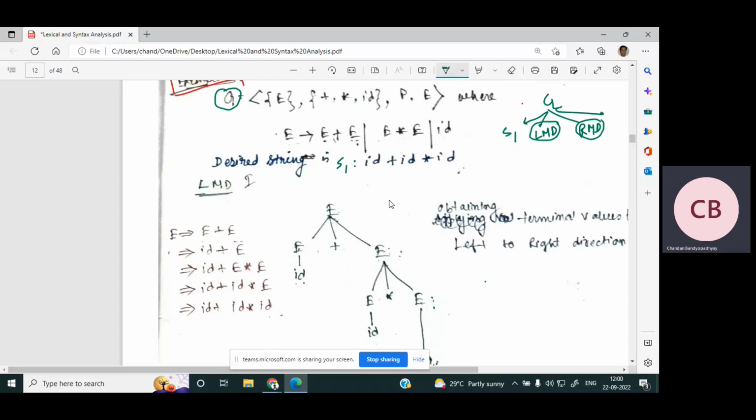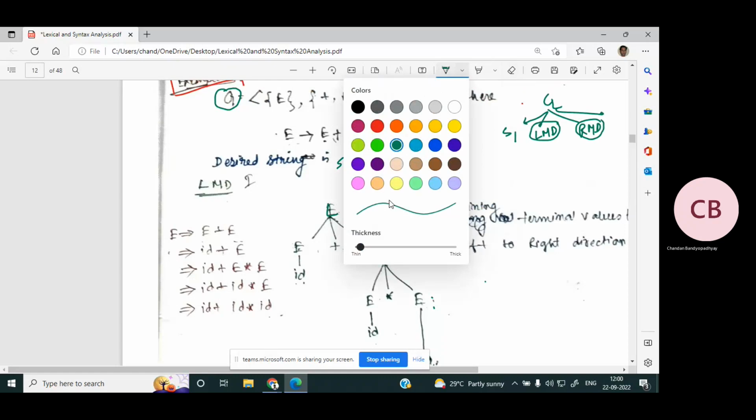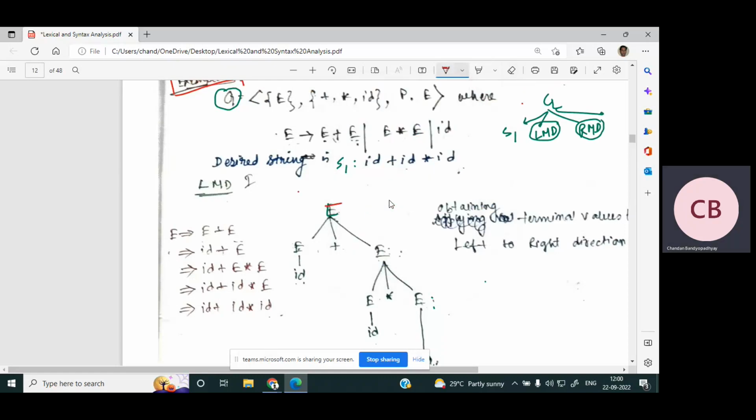Now I am first showing how two LMDs can be found from this grammar. Let me change the color. This is the variable E. E is being expanded to E plus E. So the left variable I am expanding first. Let this E be expanded first. E to ID, it is expanded.